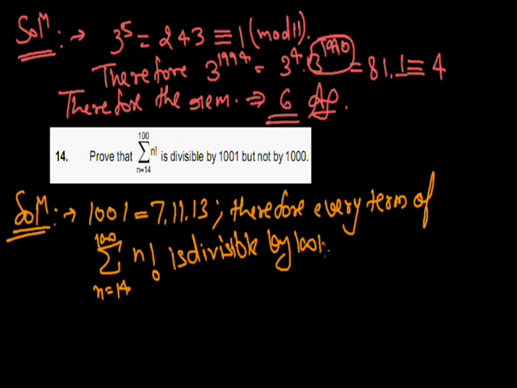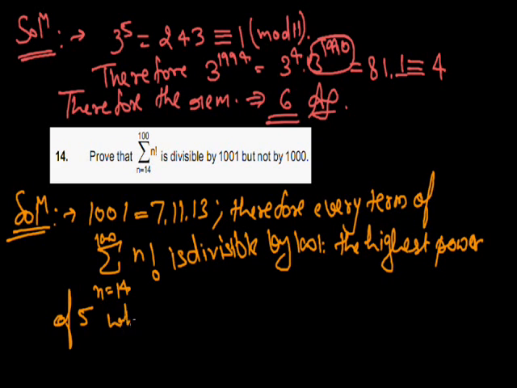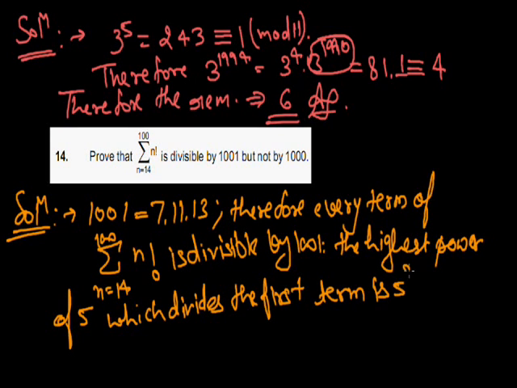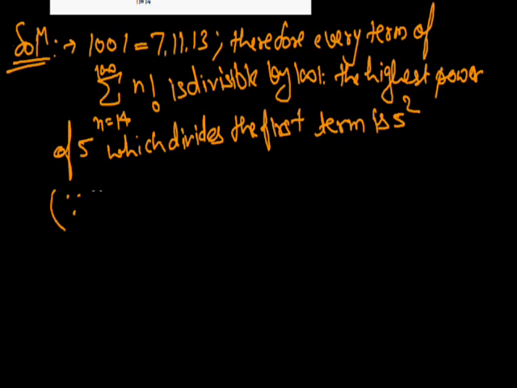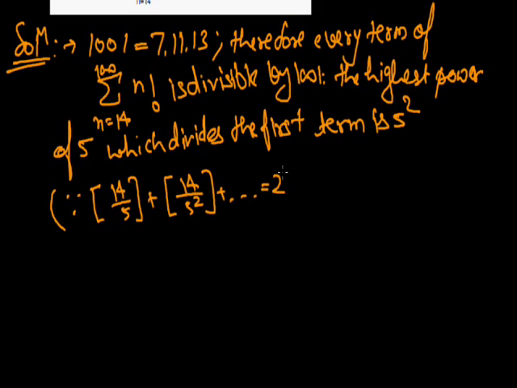The highest power of 5 which divides the first term, that is 14 factorial, will be 5 squared, because the greatest integer of 14 upon 5 plus the greatest integer of 14 upon 5 squared plus so on is equal to 2.